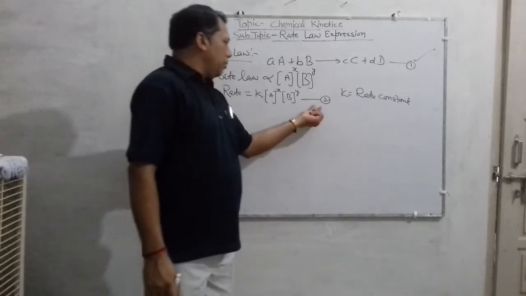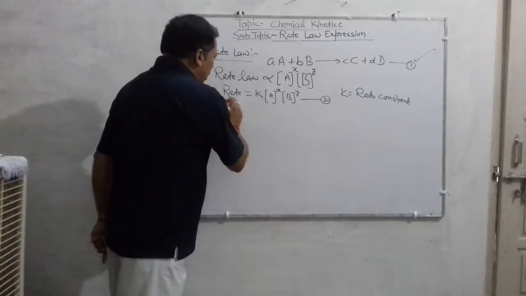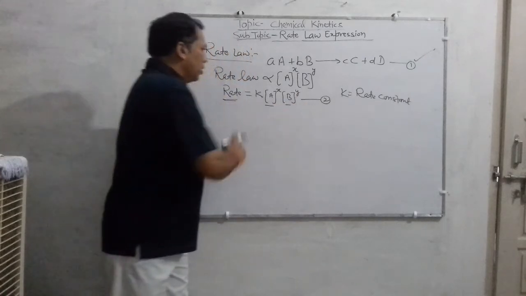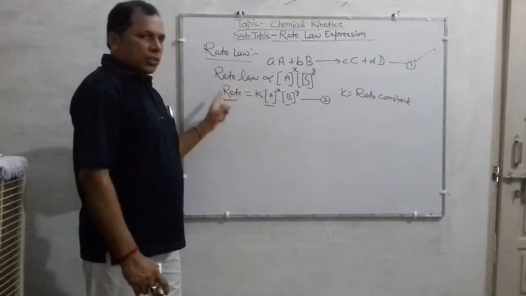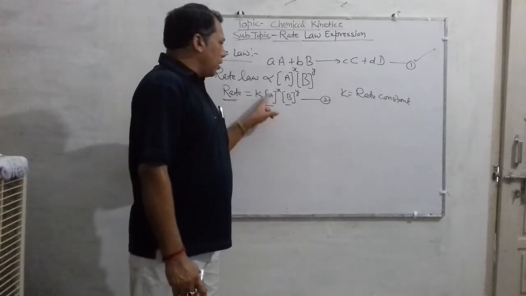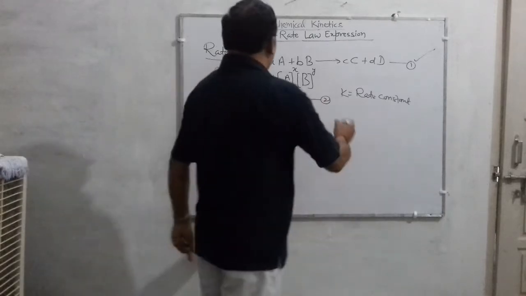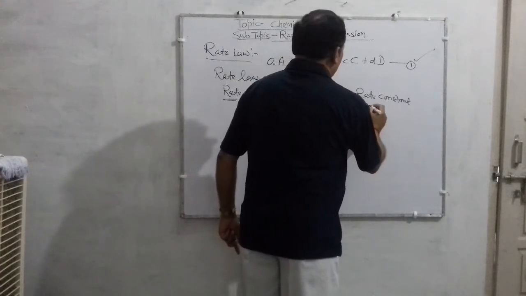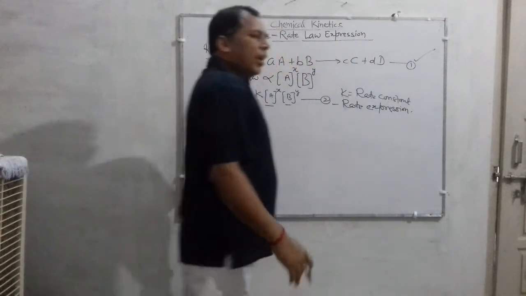This equation clearly represents the relationship between rate and the concentration of the reactants. So equation 2 is also known as a rate expression, or also called a rate law.